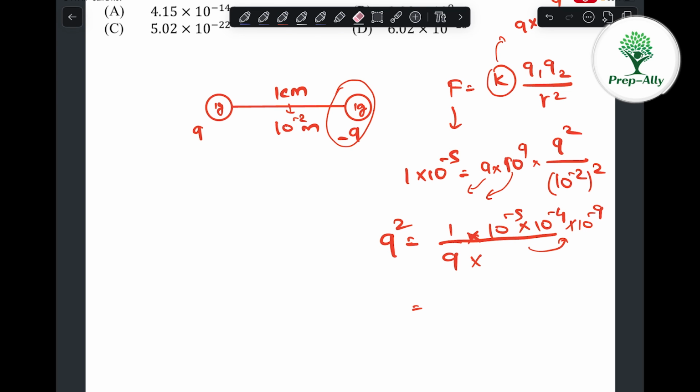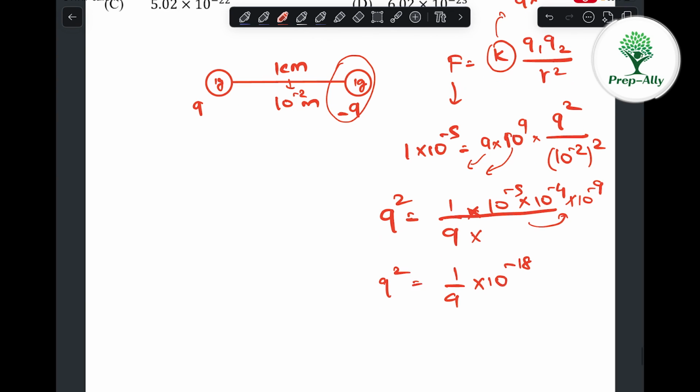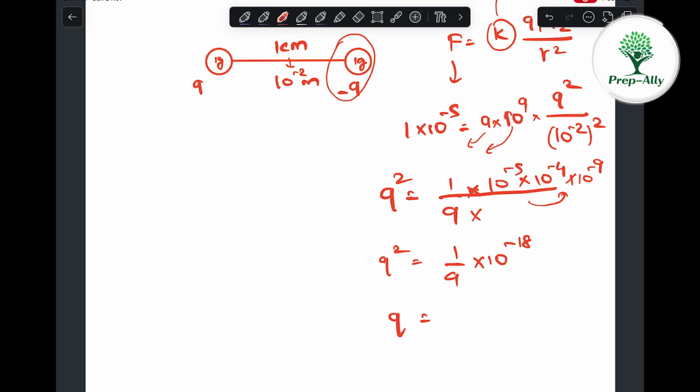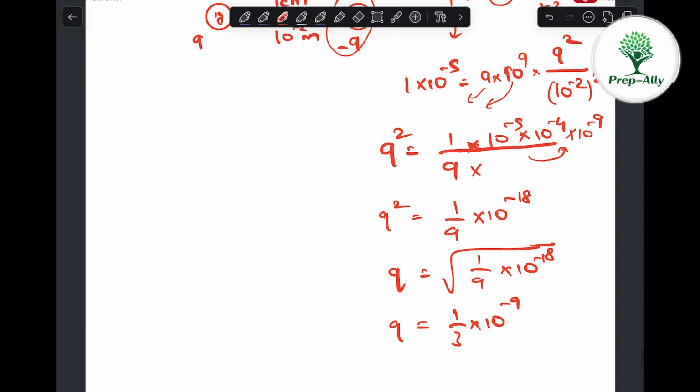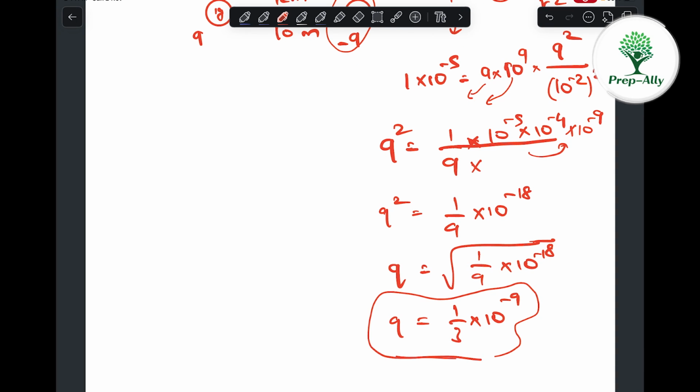So the final value is 1 by 9 into 10 power minus 18 total. Q square is equal to that, so Q is the square root of 1 by 9 into 10 power minus 18, which is 1 by 3 into 10 power minus 9. So this is going to be our Q.